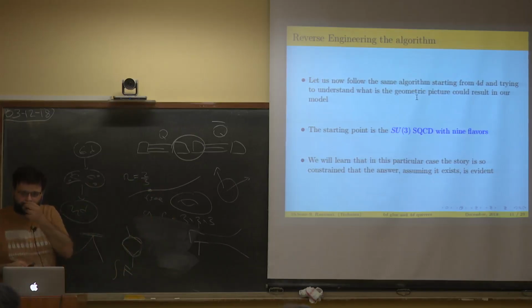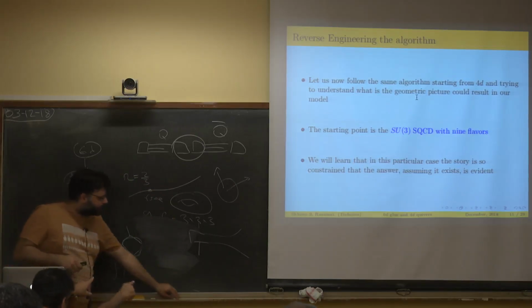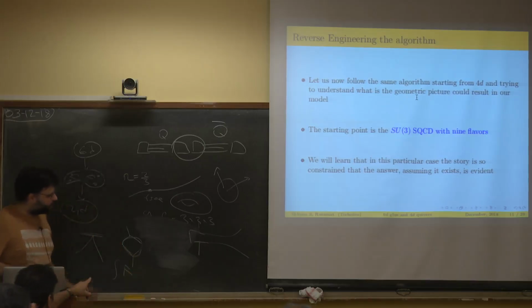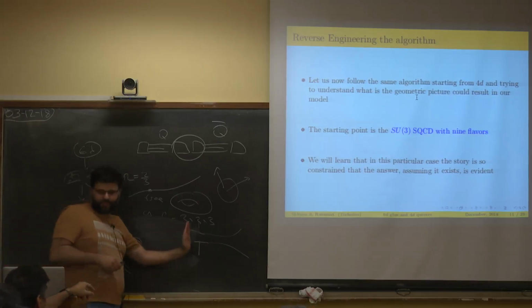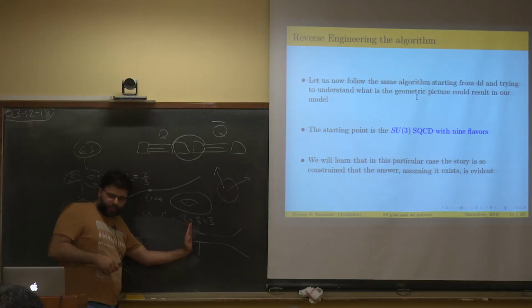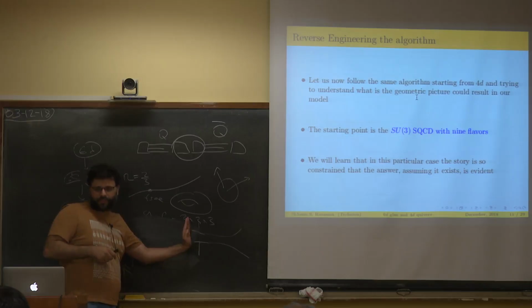SQCD-like theories? Yes? Sorry, if you put a boundary condition that freezes the gauge transformations there, but it doesn't freeze it in the bulk of the tube. That's right, but the point is that what you produce is a flavor symmetry with which you can act on this gauge. There are frozen gauge fields at the boundary, and you can act with this group, with the gauge symmetry group there. So there is a flavor symmetry.